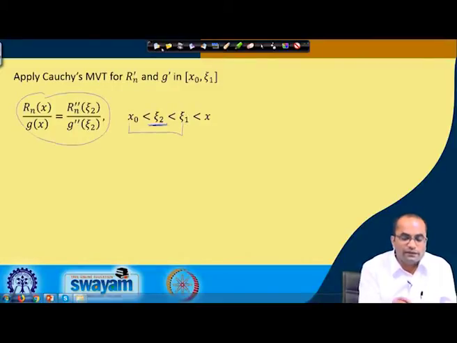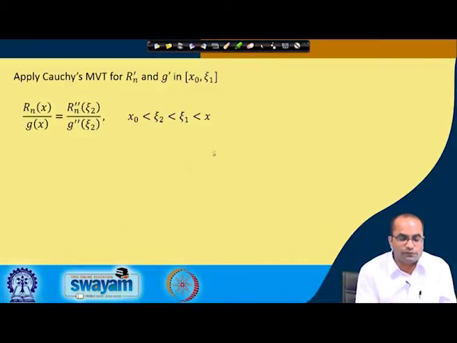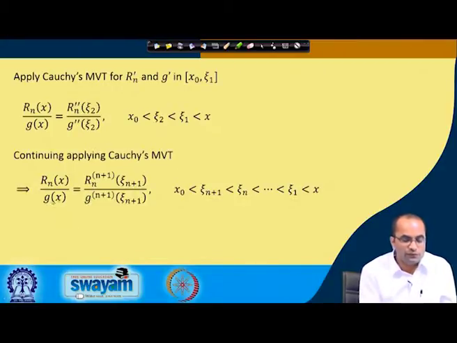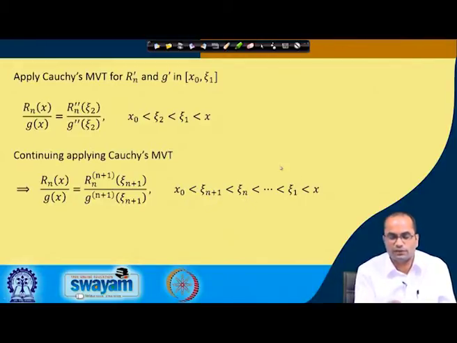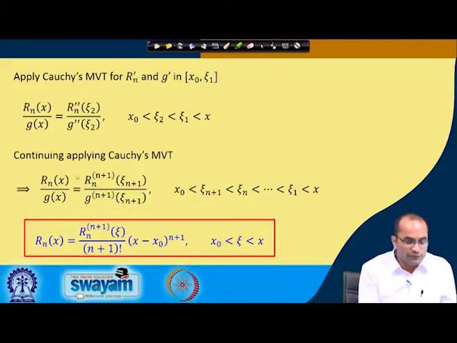And now we can continue this process further for the next derivative. Applying this Cauchy mean value theorem further, what will we get? We can go up to the (n+1)th derivative, because up to the nth derivative R_n and g both are 0. So we will end up with this term, and here this xi_(n+1) lies between x_0 and this xi_n, and there was continuity up to x there. So what do we get out of this?